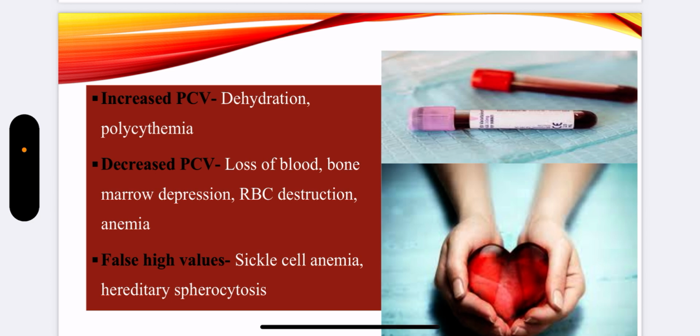But there are certain conditions when we get false high values also. It is seen in sickle cell anemia and hereditary spherocytosis. Hereditary spherocytosis, as the name suggests, is hereditary, so it is a congenital condition. In spherocytosis, red cells become spherical in shape instead of their normal biconcave shape.